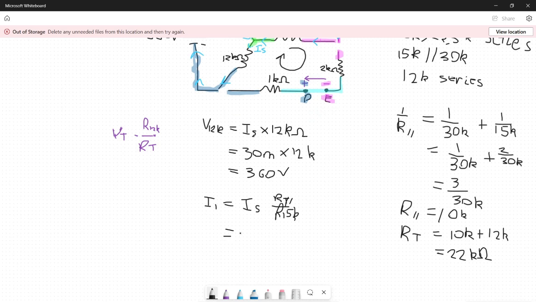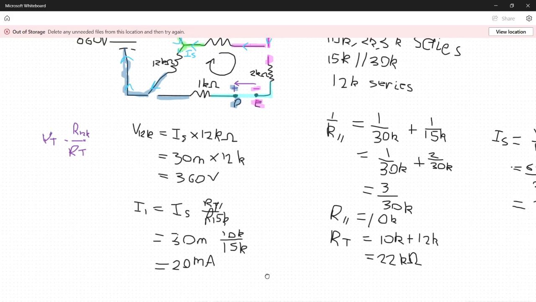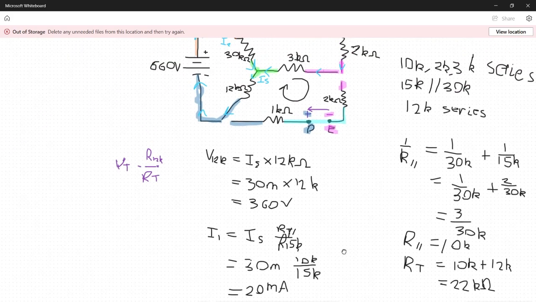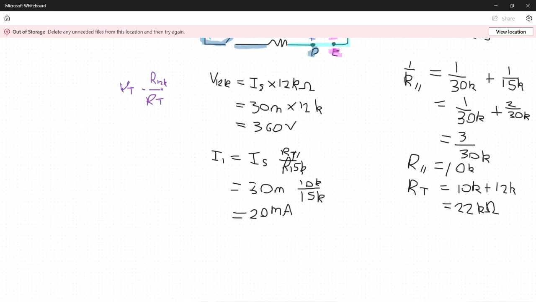And this will give me 30 milli times 10k over 15k. And what this will essentially give me is the current going through here will be 20 milliamps. And then I'll say the current going through the 3 kilo ohm will be 20 milliamps because it's in series.